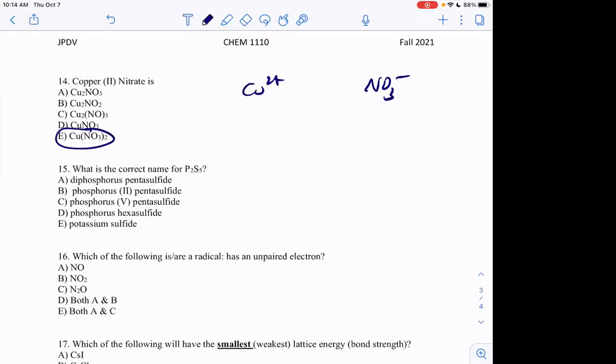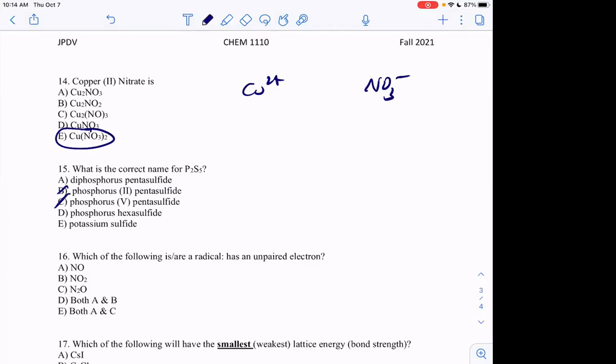What's the correct name for P2S5? So, A, agree? Right? Diphosphorus pentasulfide. Using the Roman numerals, that's only for metals. That's nonsense.